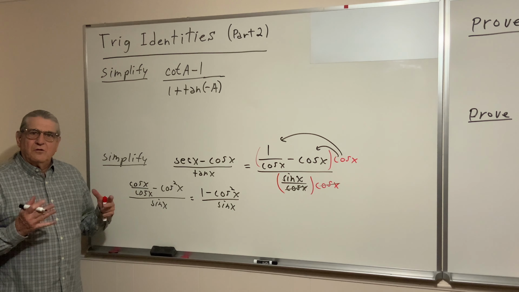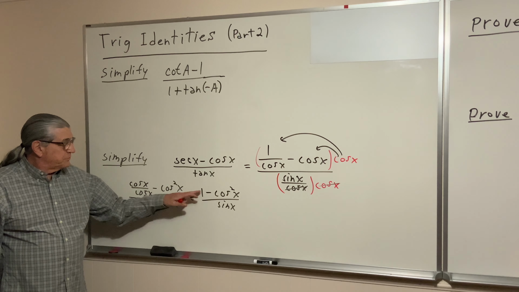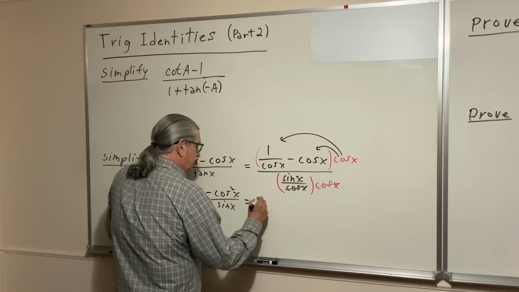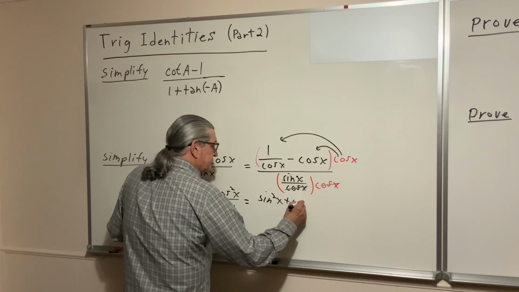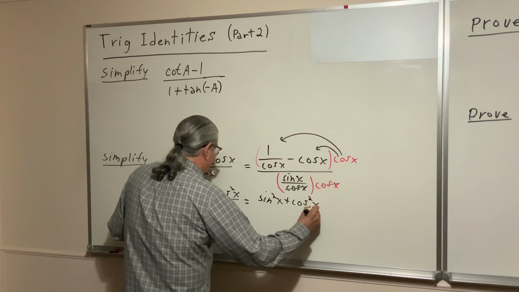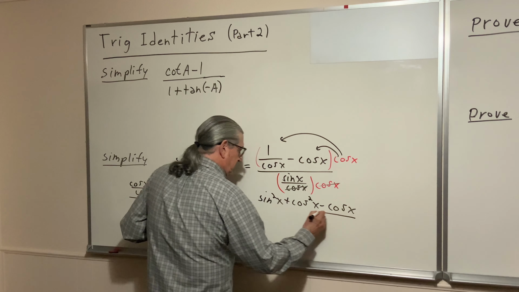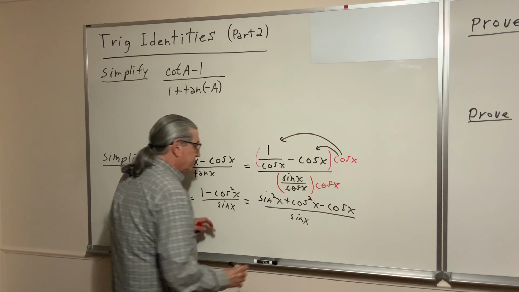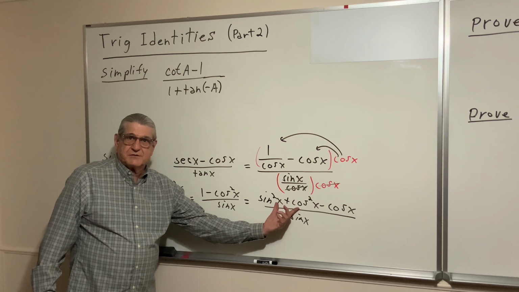Well, we already know that 1 equals the sine squared plus the cosine squared, so let's put it in here, replace that 1. This is equal to the sine squared x plus the cosine squared x minus the cosine squared x, all over the sine x. So all I did is I substituted sine squared plus cosine squared here.